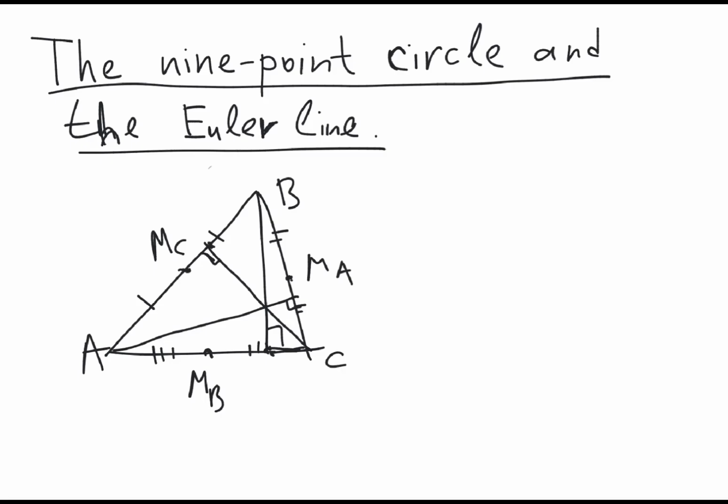So these are 6 points, and now we take the midpoints of the segments connecting the vertices with the orthocenter. So the midpoint of this segment, the midpoint of this segment, and the midpoint of the segment.